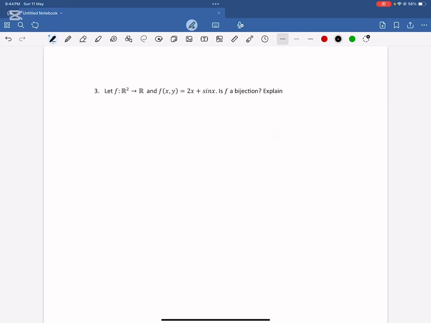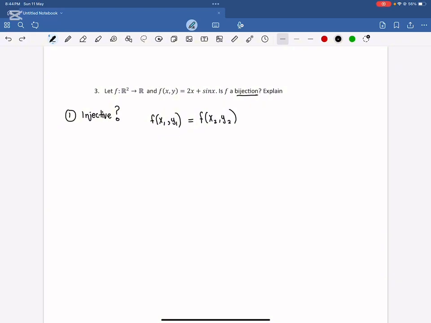Question 3, we have to prove it's bijective. How do we prove it? First, if it's injective. So if f of x1, y1 is equal to f of x2, y2, then these should be equal to each other.